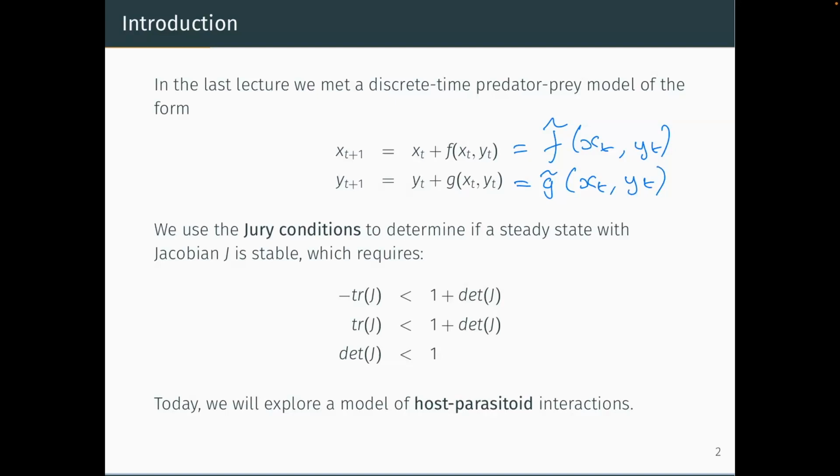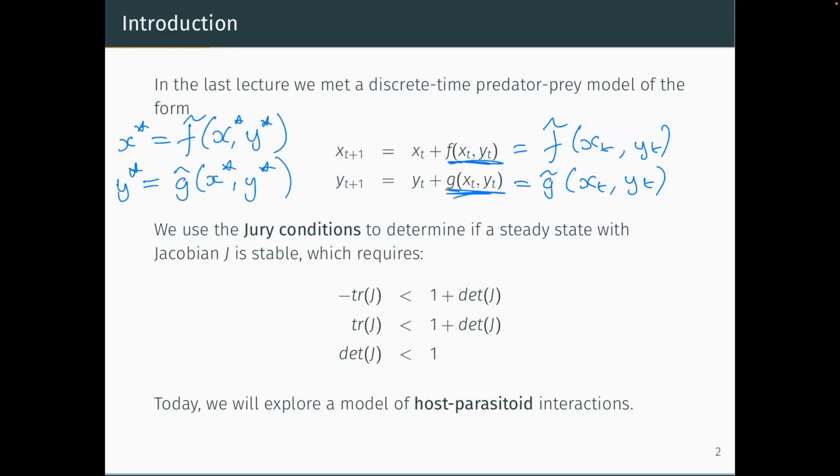We can either write them in this form or this form. And we can do things like find equilibria by setting x star equal to f tilde one of x star, y star. Likewise, y star is equal to g tilde of x star, y star. Or alternatively, these ones here would be equal to 0. So left and right hand sides balance, those define our equilibria.